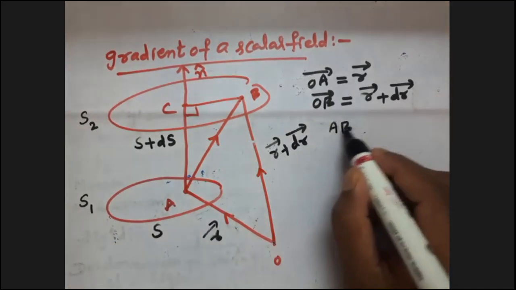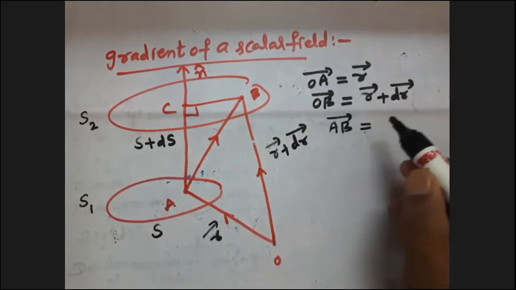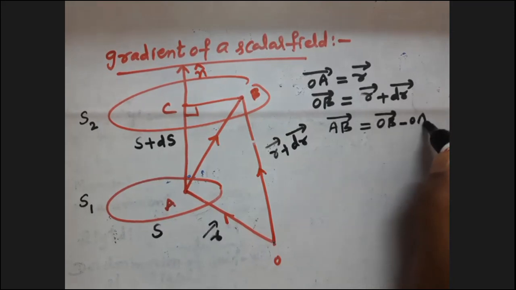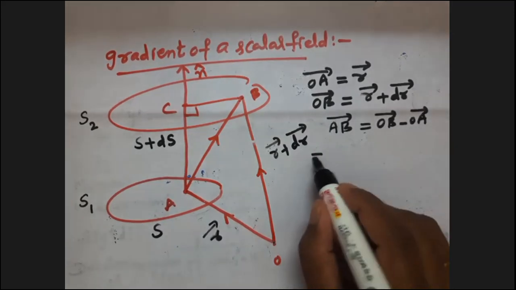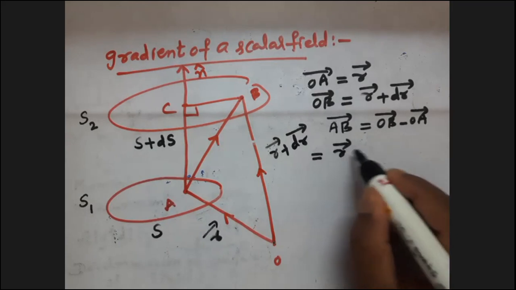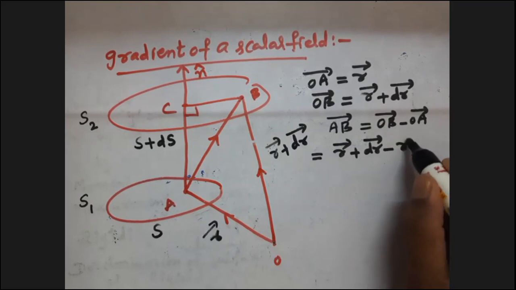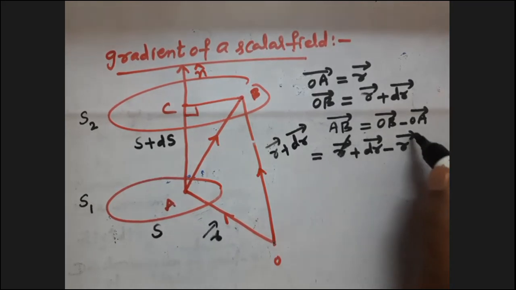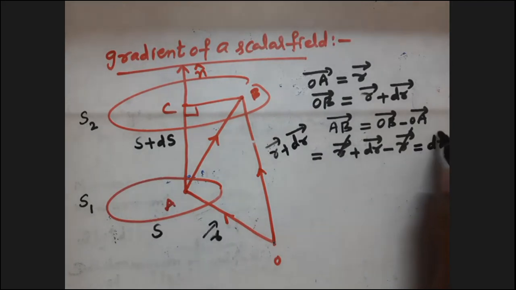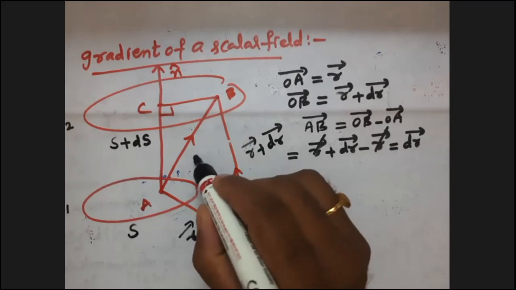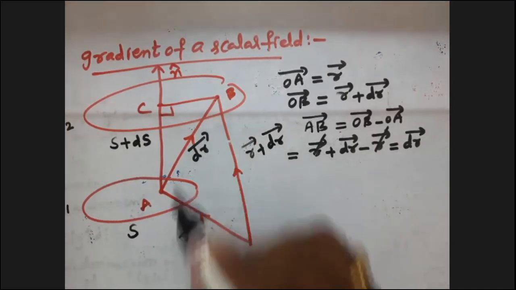Then we can write AB bar is equal to OB bar minus OA bar, that equals R bar plus dr bar minus R bar. R bar minus R bar cancel, so that gives dr bar. So AB bar equals dr bar.